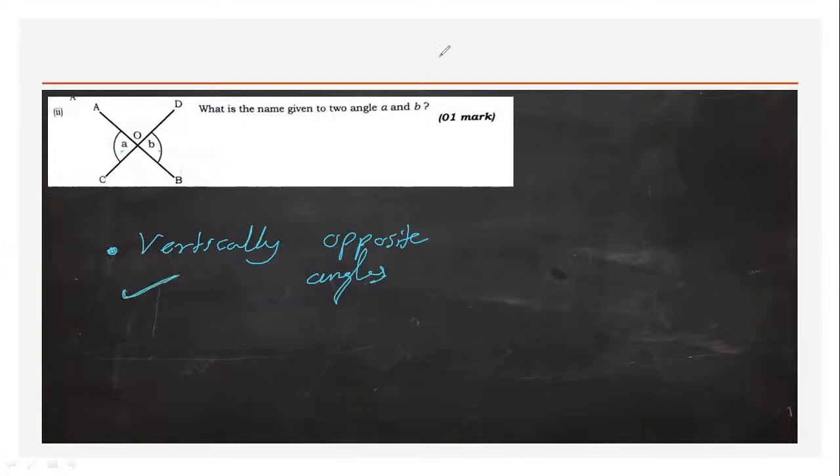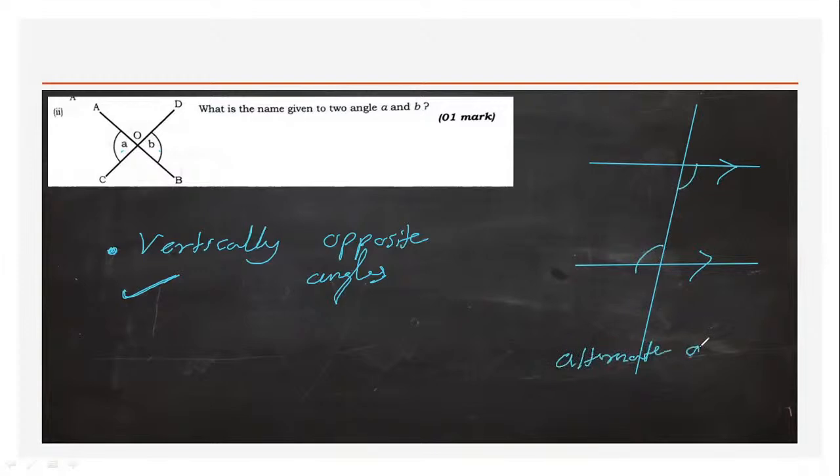I just remind you, when we were learning the angle lessons, we learned that when the transversal cuts the two parallel lines, we have this Z letter form in angles, alternate angles equal, then vertically opposite angles equal, right?